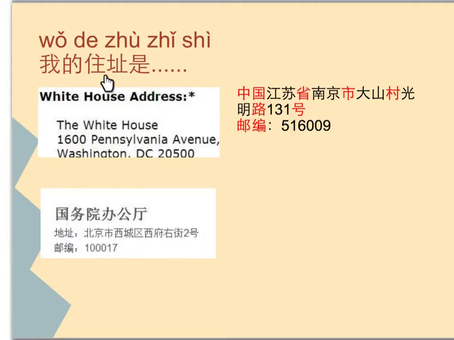Okay, 我的住址是, and you can tell people whatever your address is. Sometimes, if you want to tell people your school's address or your company's address, you say 我的地址是. Okay, can you read after me? 我的住址是。我的地址是.